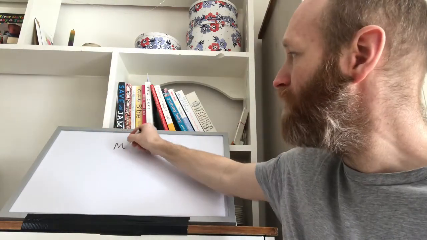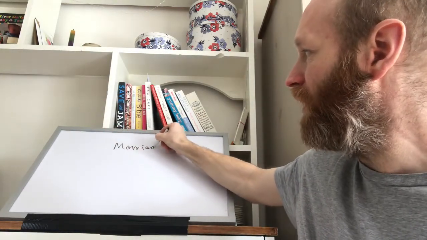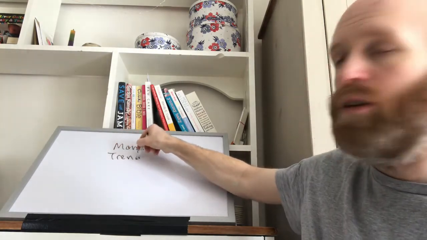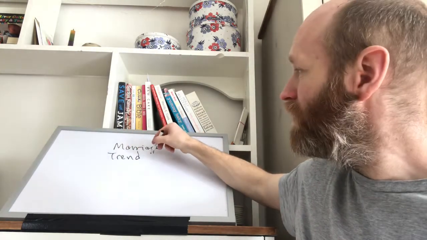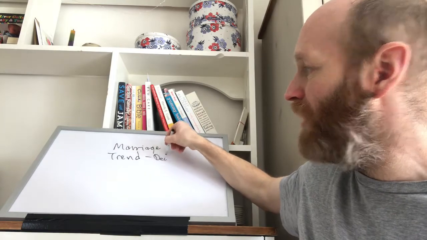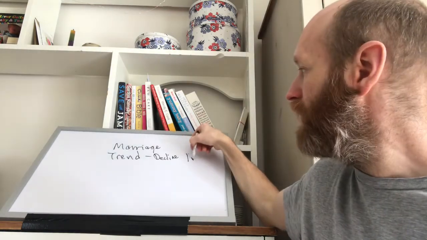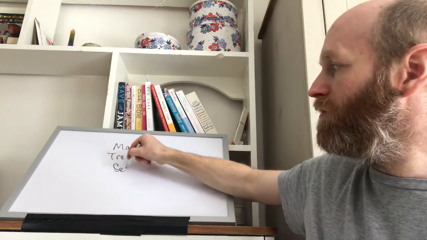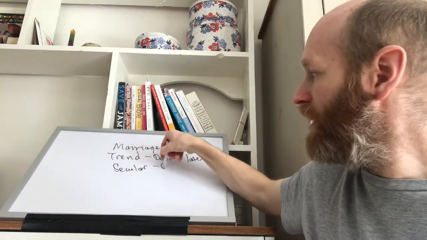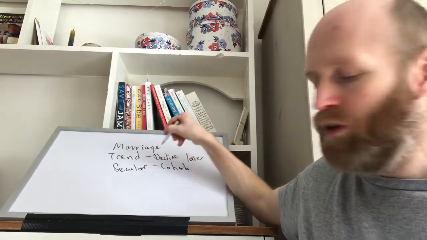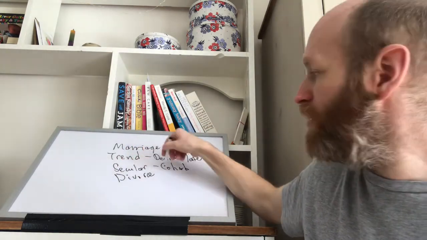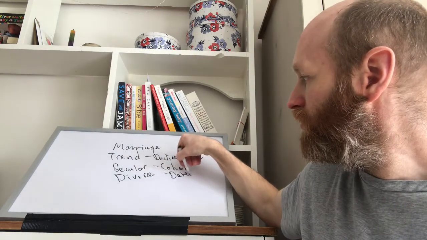So we've got marriage. We talked about the fact of the trend, where it's less popular. So there's a decline in marriage. It's also later. We talked about secularization and cohabitation. We talked about divorce as a deterrent. It puts people off.